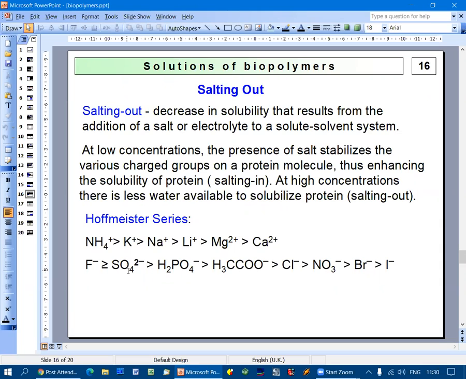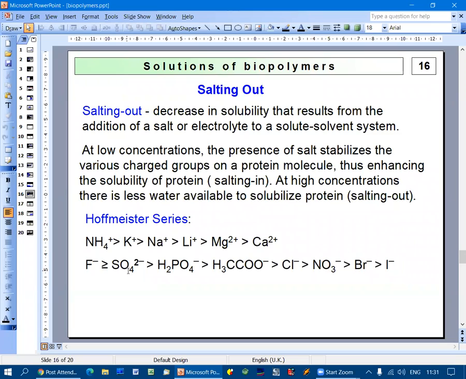The process of salting out is reversible, because as soon as you remove the agent that led to formation of precipitate, the salt, the polymer will be dissolved in solvent again.